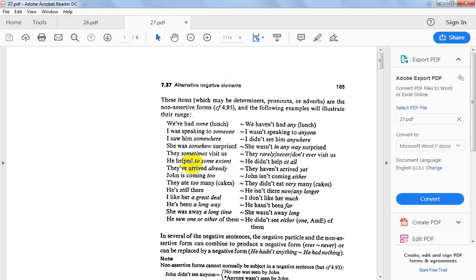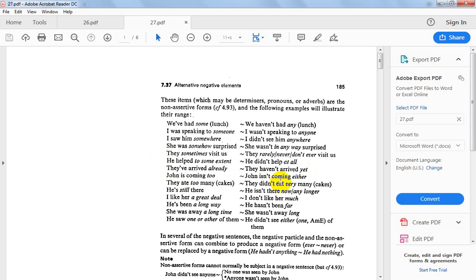He helped to some extent. He didn't help at all. يعني to some extent صارت at all. They have arrived already. They haven't arrived yet. Already becomes yet. John is coming too.